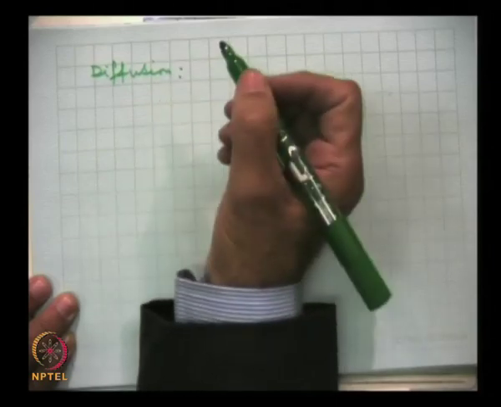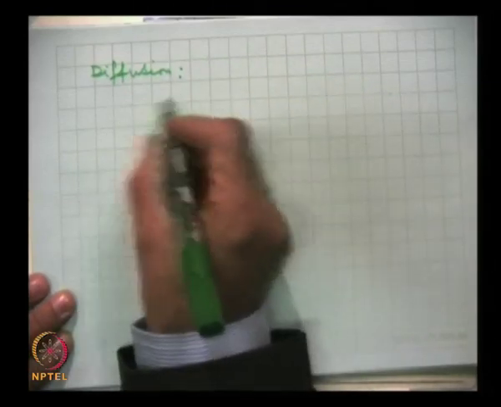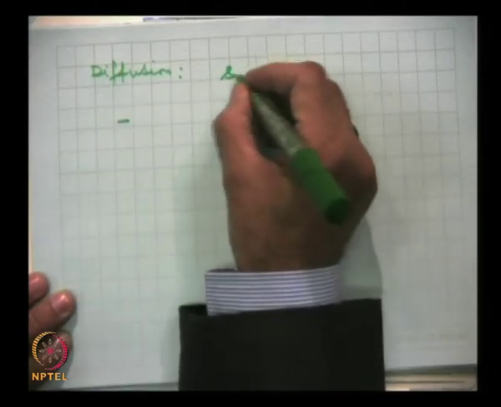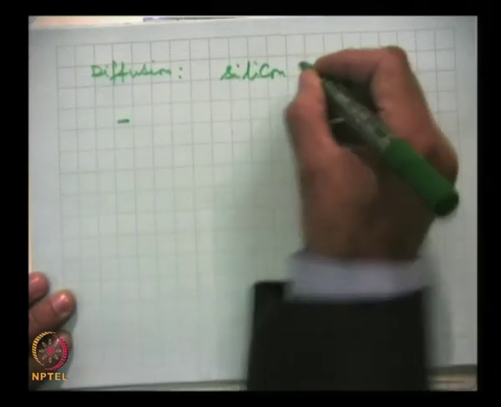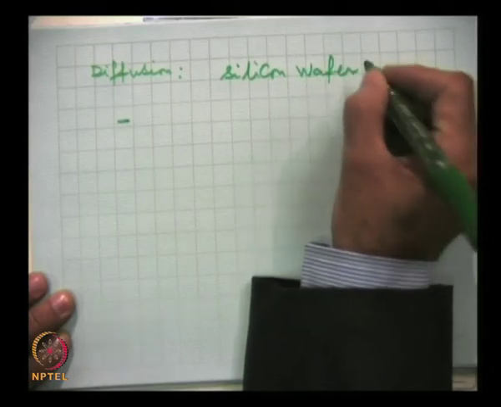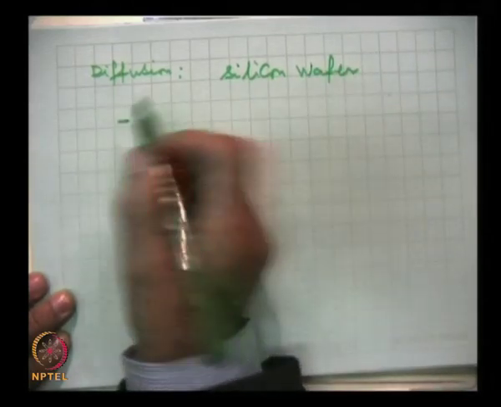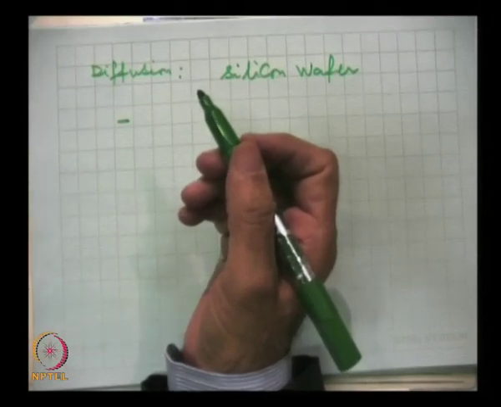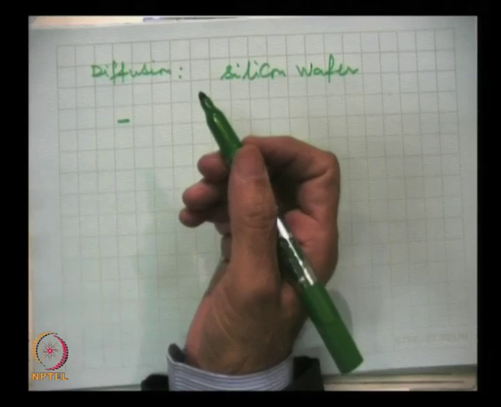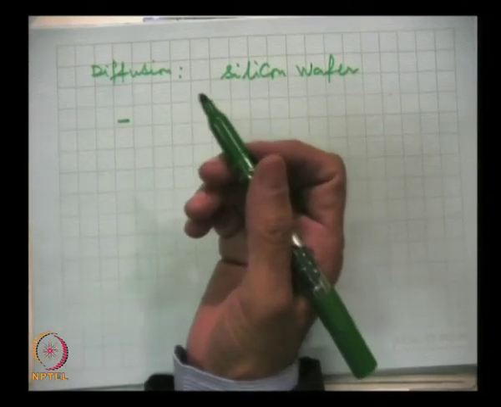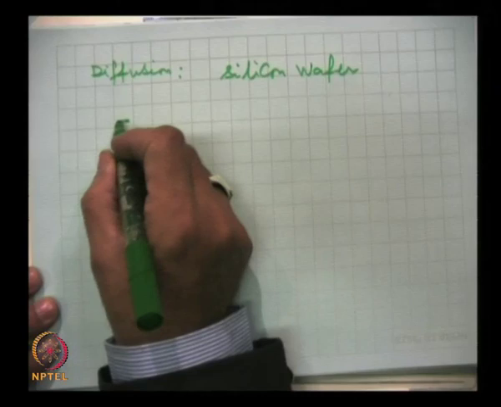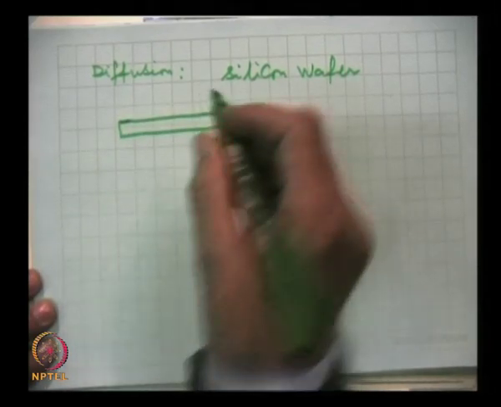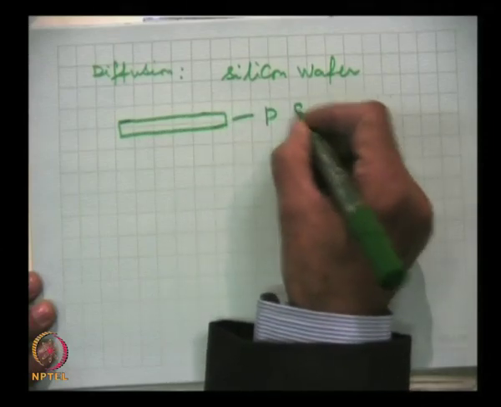Again the starting point is a silicon wafer, which may have a diameter varying from 2 inches, 3 inches, 4 inches, and even 6 inch wafers are widely used, and if we want to make an NPN transistor, then this will be P type silicon.